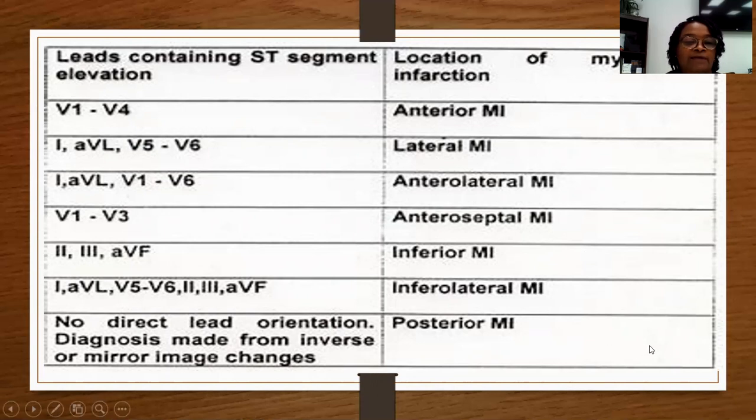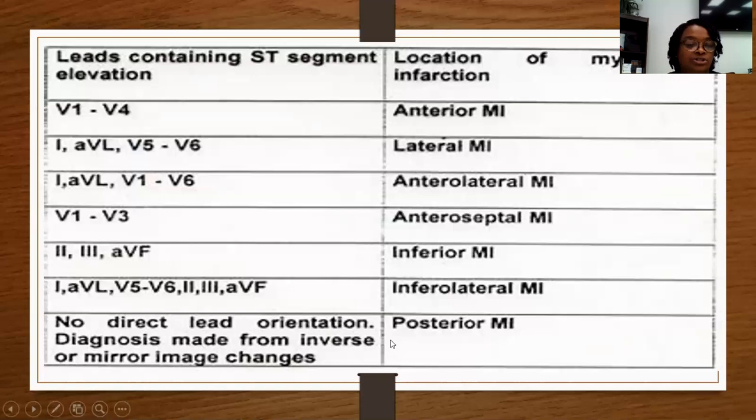Leads 1, AVL, V5 through V6 look at the lateral wall. Leads 2, 3, and AVF look at your inferior wall. And then there's no direct lead orientation for a diagnosis to be made for a posterior MI.